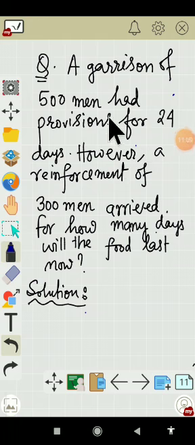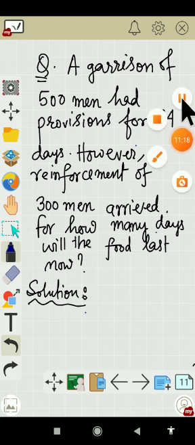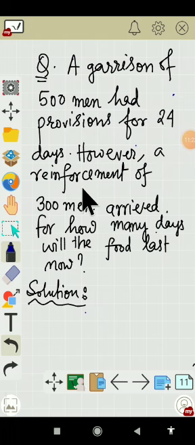So what is the given question here? A garrison of 500 men had provisions for 24 days. However, a reinforcement of 300 men arrived. For how many days will the food last now? So here the new strength is 300 plus earlier 500, total 800 men.